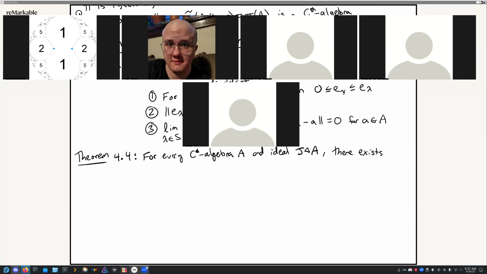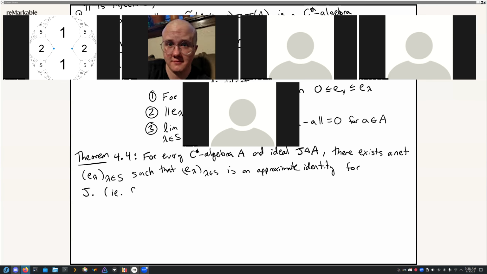So there's some net, again I'll call it E lambda, and this net is an approximate identity not necessarily for A, but for all the elements in J. So we have 1 and 2 hold, and 3 holds for all elements a not necessarily belonging to the C-star algebra, but to the ideal.